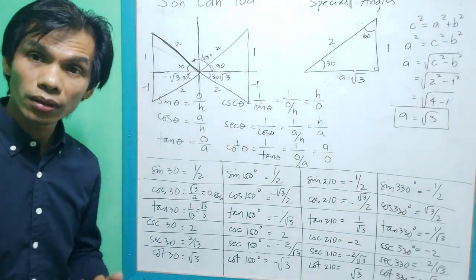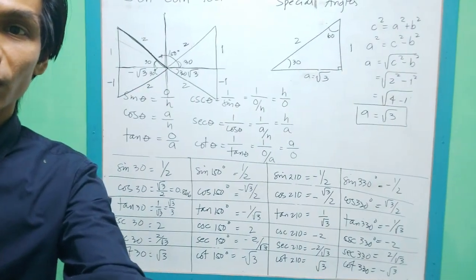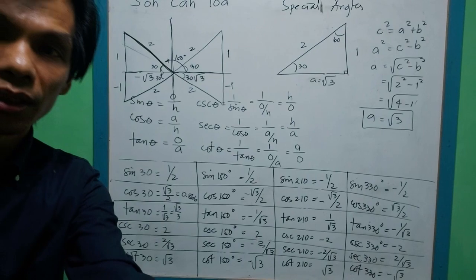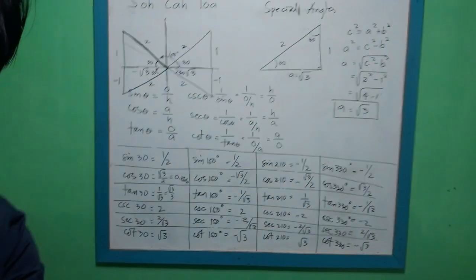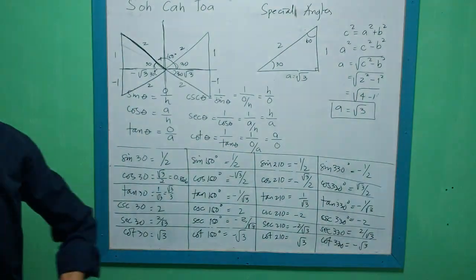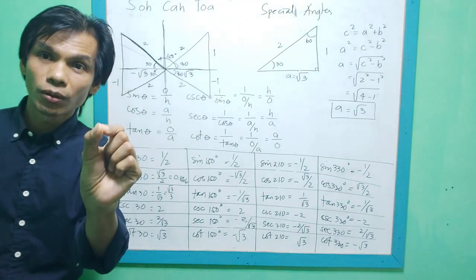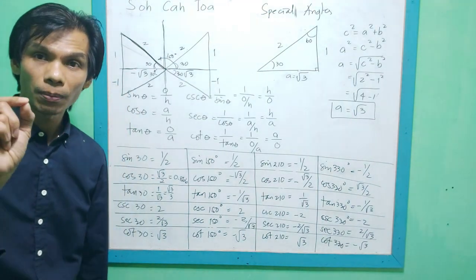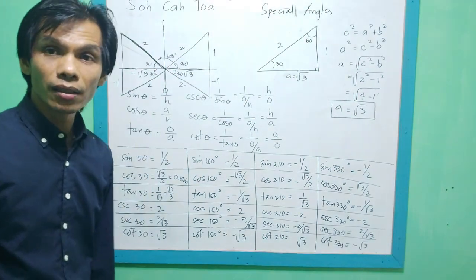Ito yung 30 degrees. Okay? Ayan, para makita nyo ng buo. Okay? Ano nga ulit yung memorize natin? Ang pinakamaigsi ay 1, ang pinakamahaba ay 2.